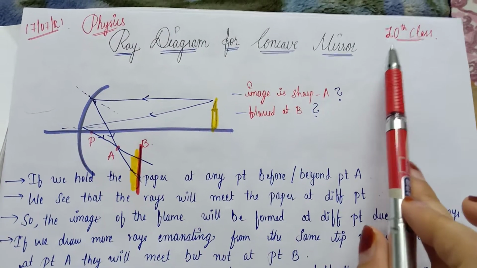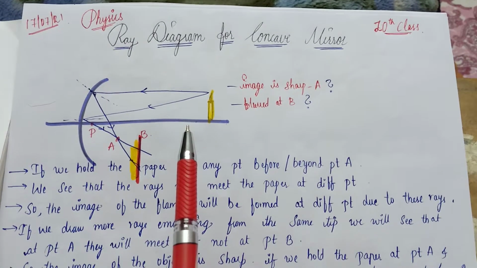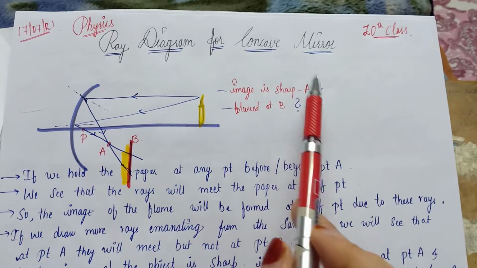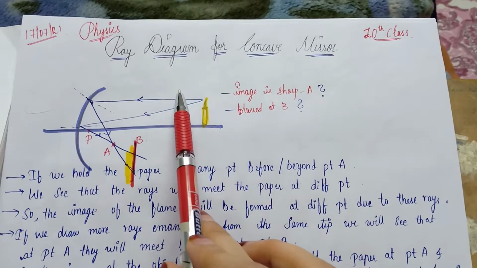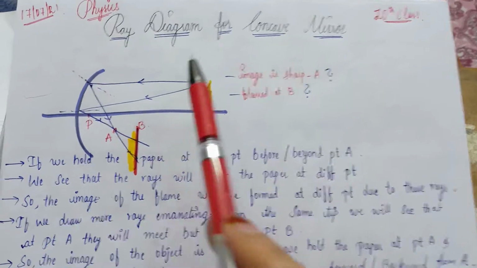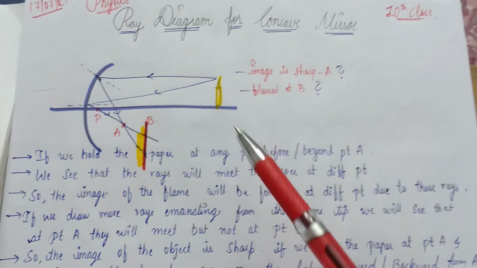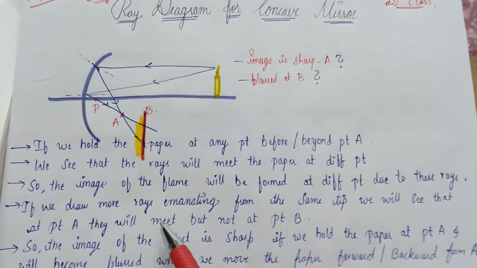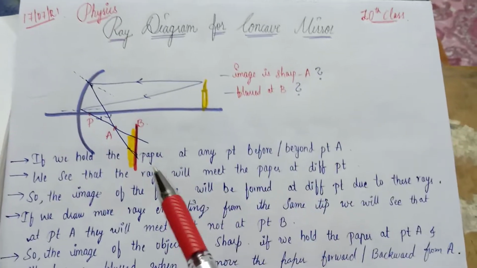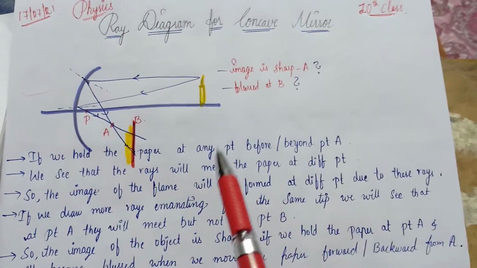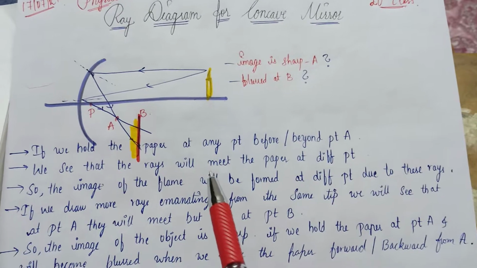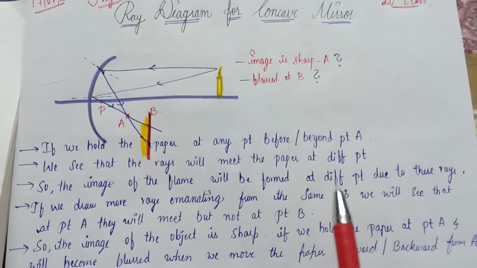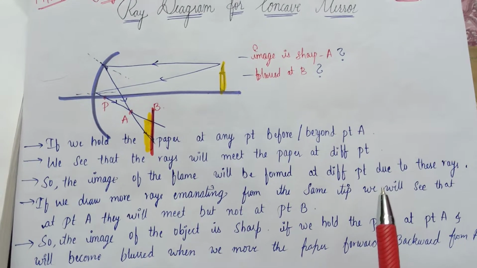As you can see over here, today's topic is the ray diagram for a concave mirror. Before going to our topic, let us recall what we learned in our previous videos: the relationship between the focal length and the radius of curvature, and the terminologies and focal length of a spherical mirror.